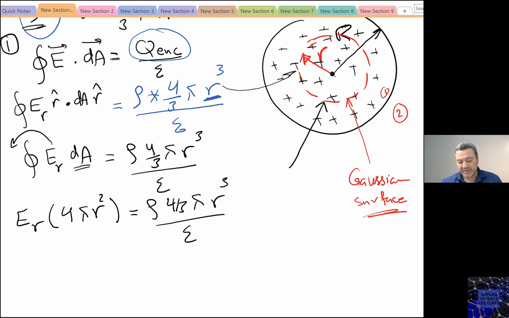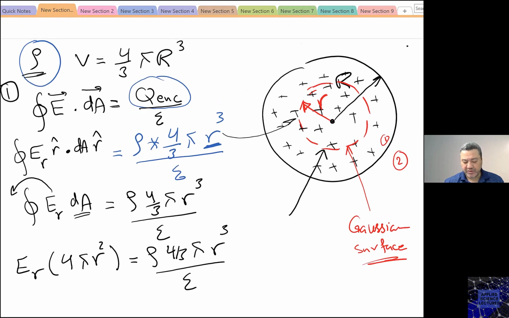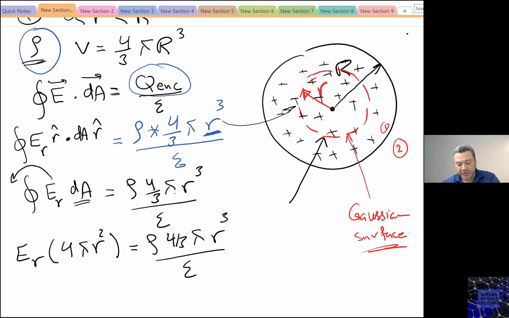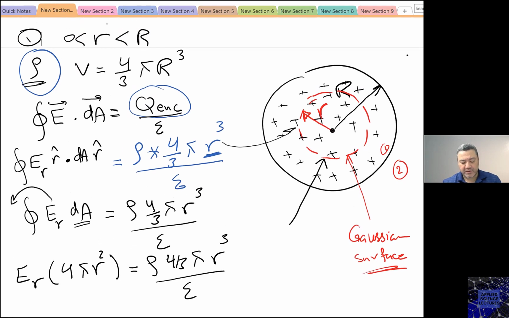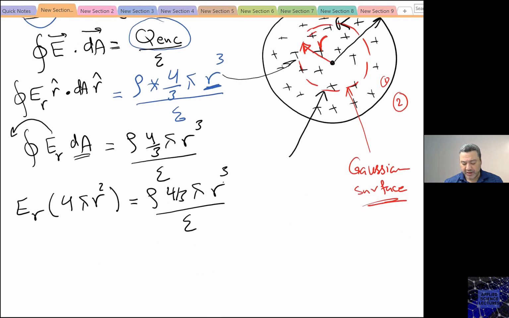And as long as this Gaussian surface is sweeping inside, this r in this region goes from 0 to capital R. This is region number 1. Then the charge enclosed is a function of this r. It's not constant. That's why we kept it as a small letter here.